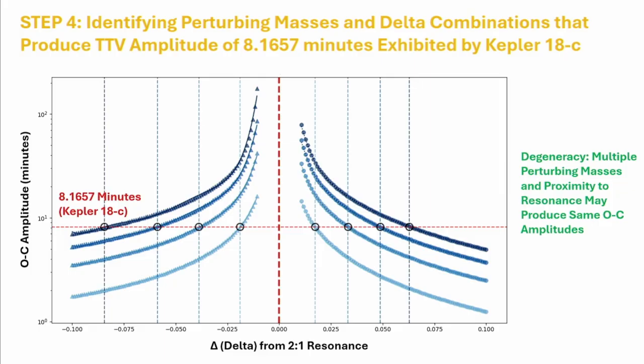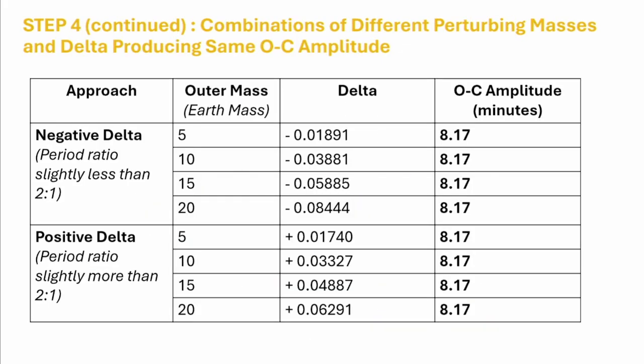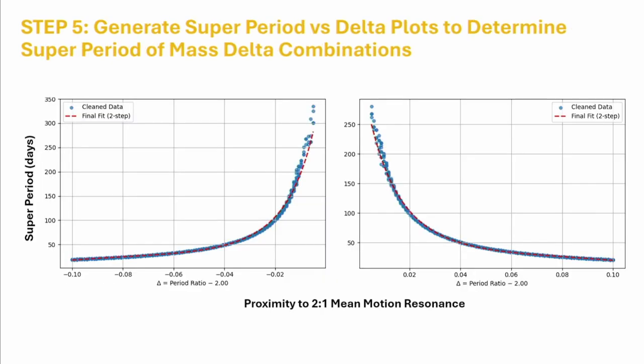So here I turned to super period, the second piece of information I knew about Kepler-18c. Here's just quickly a table of all of the 8 different possibilities I had extracted from that plot. And here you can see a plot of super period versus delta. As delta increases, super period decreases.